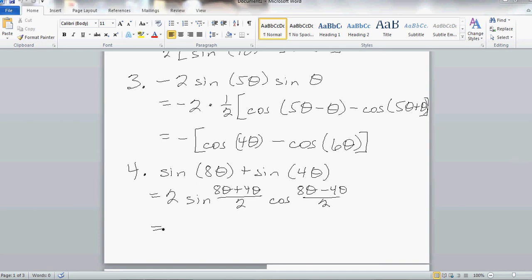And then it's just a matter of simplifying this. 2 sine of 12 theta over 2, cosine of 4 theta over 2, which is equal to 2 times the sine of 6 theta, cosine of 2 theta. And there is the final answer.